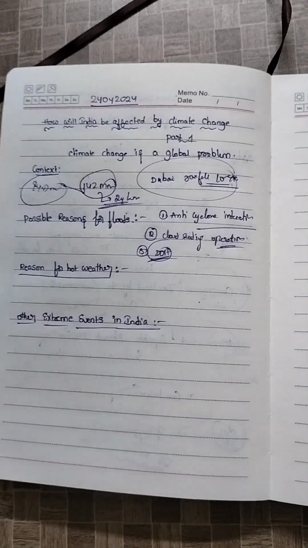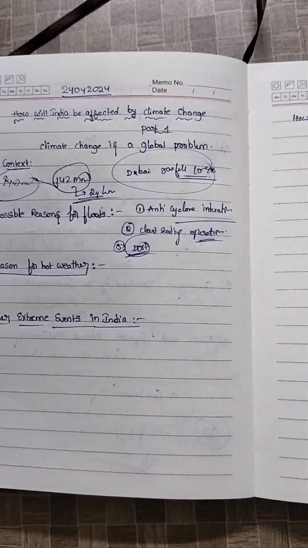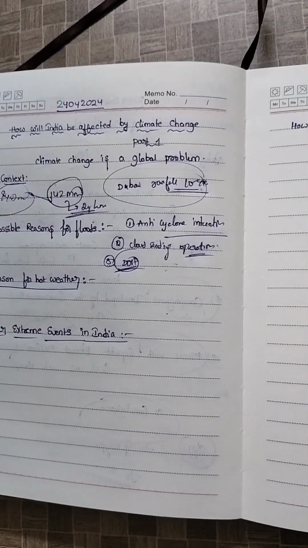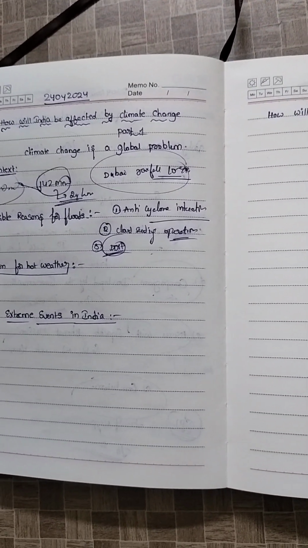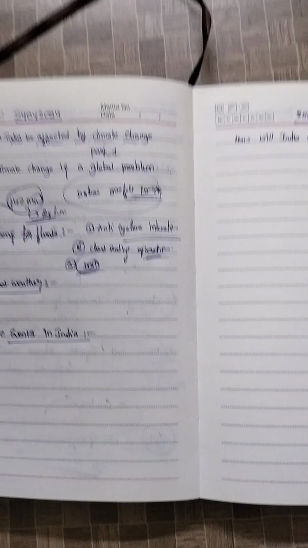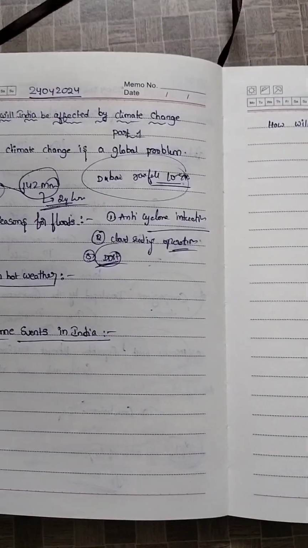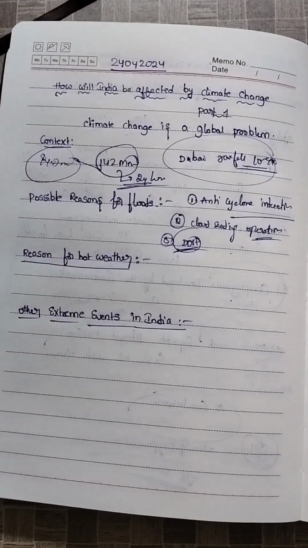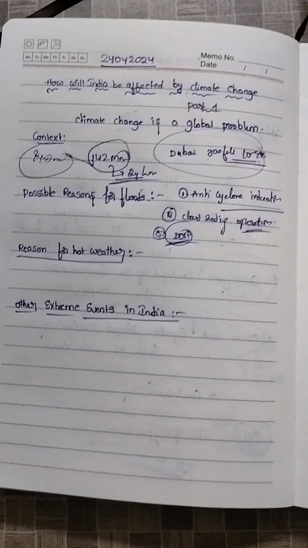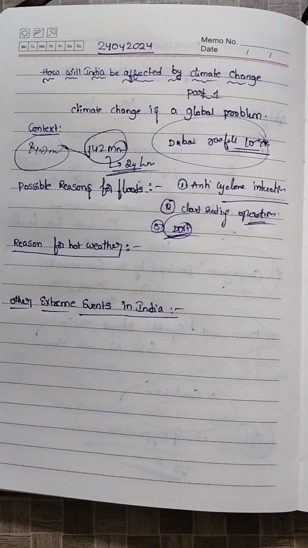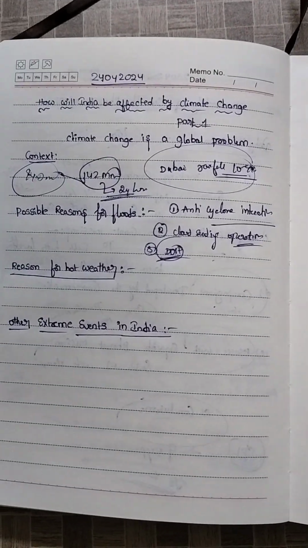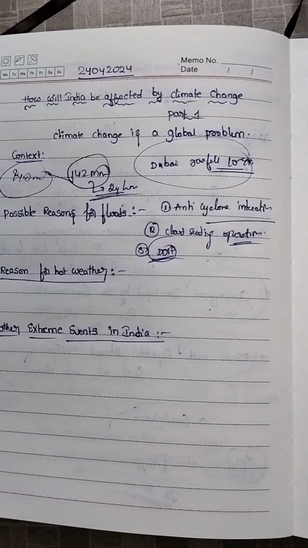The next thing is warm sea temperature and evaporation. The combination enhances evaporation and increases the atmosphere's capacity to hold moisture, which will cause heavy rainfall. This is also one reason for the flood. And atmospheric pressure dynamics: if temperature increases, pressure decreases; if pressure increases, temperature will decrease.